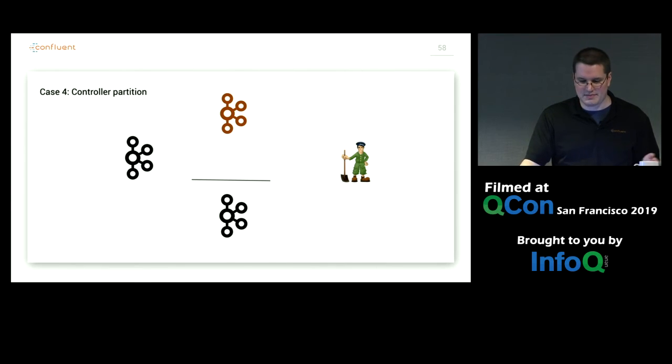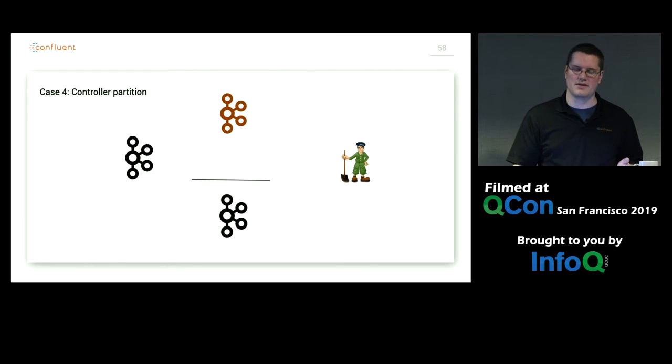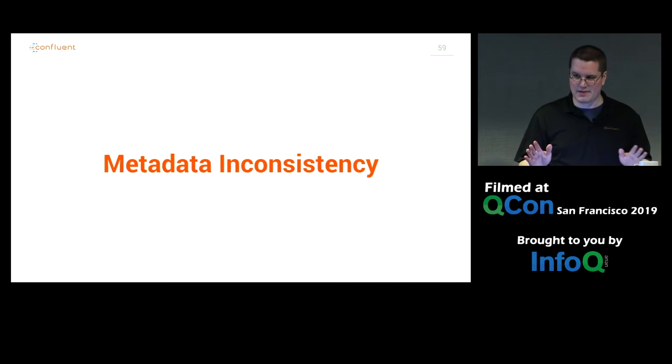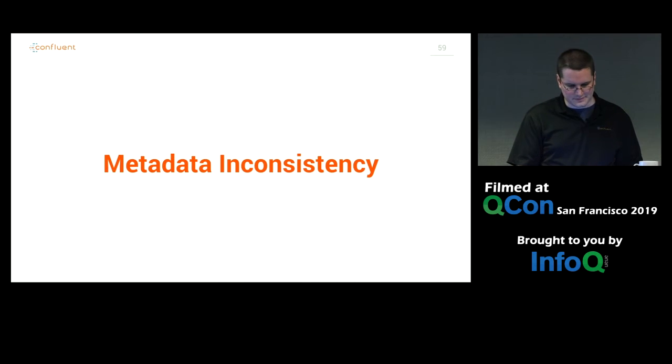But at the same time, we're still regarded as part of the cluster because we keep our Zookeeper session alive. So this is a very specific example of how the separation between the controller and Zookeeper creates awkward situations because they're two separate systems. Keep that in mind. We'll come back to that later.